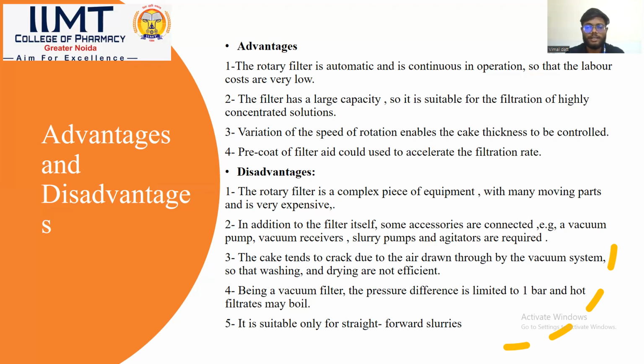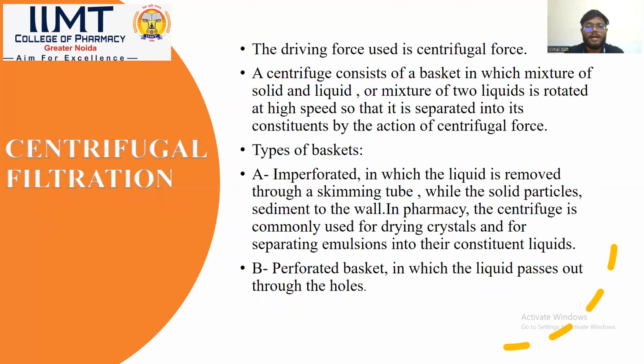The cake tends to crack due to the air drawn through by vacuum system, so that washing and drying are not efficient. Being a vacuum filter, the pressure difference is limited to 1 bar and hot filtrate may boil. It is suitable only for straightforward slurries.